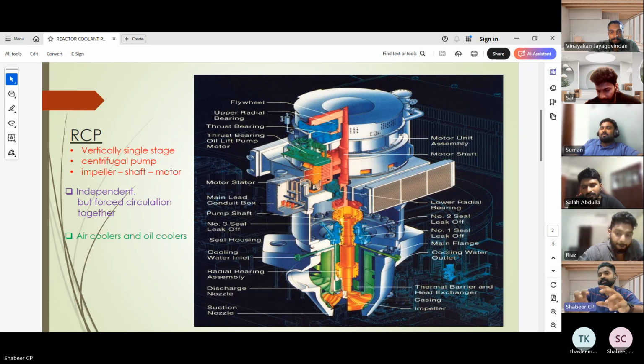The coolant has a temperature above 300 degrees Celsius and a pressure above 150 bar. So when the coolant flows through the pump, the motor has to withstand that temperature. Depending on the design, there are 2 types of coolers provided, air coolers and oil coolers, for cooling this RCP.